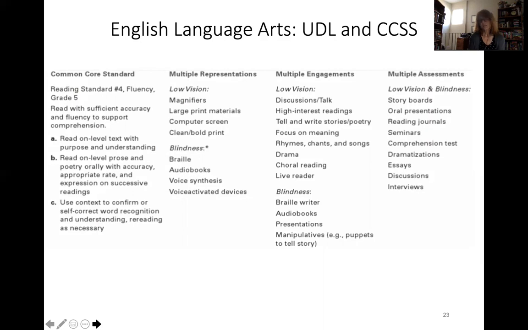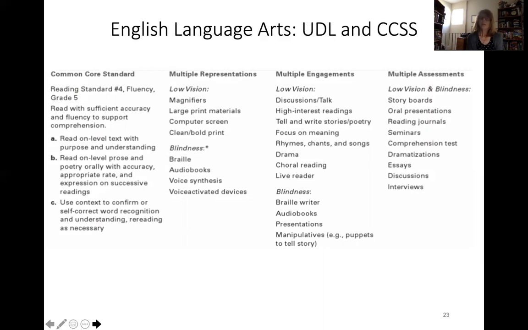So this is a 5th grade reading standard for fluency. When we look at creating a lesson for a student, in some respects, you're looking at the outcome here, because what's the verb in that first main standard? It's read.